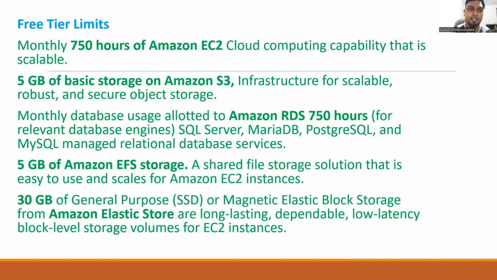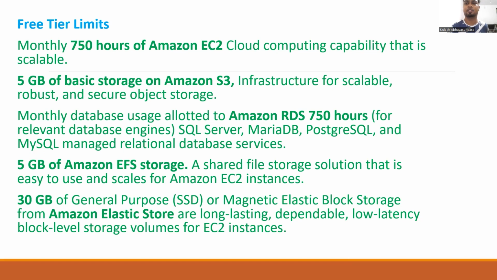And then 5 GB basic storage is provided for Amazon S3. And its infrastructure is scalable, robust, and secure, and for object storage. Finally, the monthly database usage for our Amazon RDS is 750 hours. And you can use our SQL Server, MariaDB, PostgreSQL, and MySQL managed relational database services.